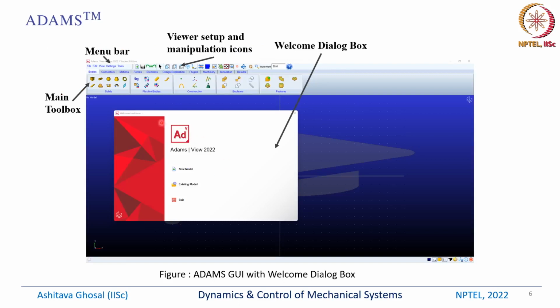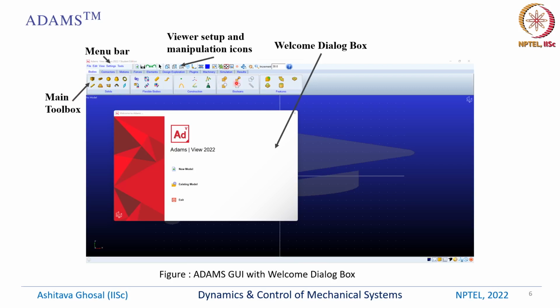So once you download Adams, you can see that there are various places which say different things. First is this menu bar, which is the standard Windows menu bar. You have file, edit, view, and so on.